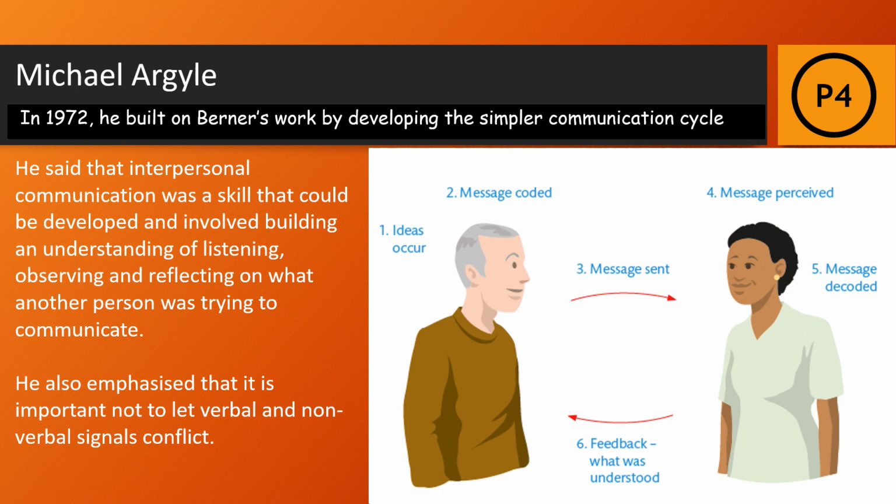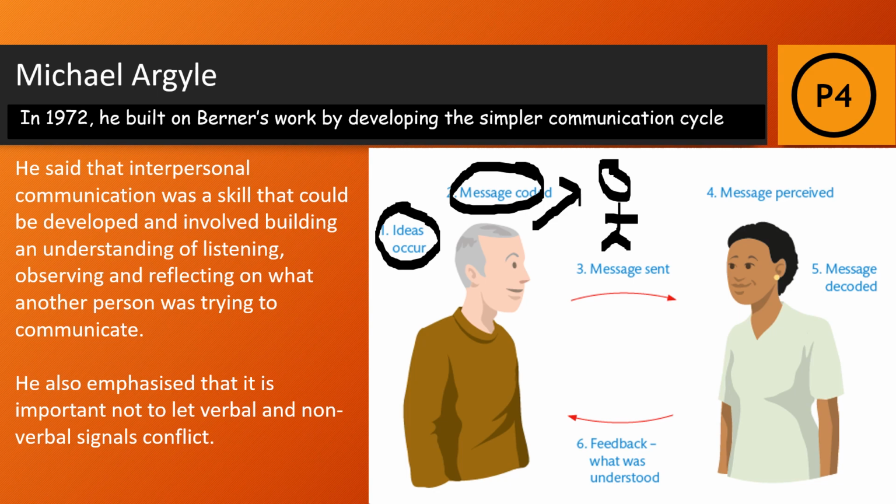But what I was thinking about is a really good way of thinking about these communications is the barriers. So the things that could make it difficult to do. For some of our case study characters, they have an advocate. I'm just going to put a little person here. So we have the same idea of ideas, messages being coded. It then has to be passed on to the advocate, who will then do the same thing and then pass the message on.